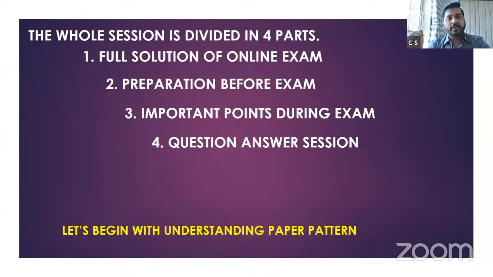But before we actually start, let's begin the whole session with understanding the paper pattern. It won't take much time because most of the things are already discussed in the individual lectures of all the faculty members.